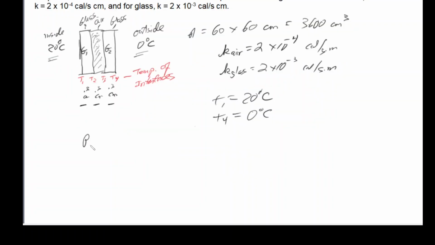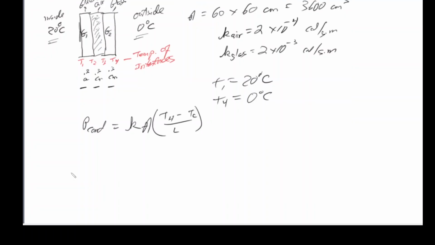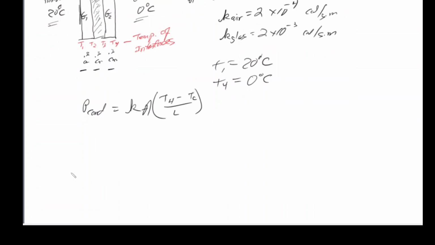Now we know that the conductivity is equal to K, the thermal conductivity, times the area times the hot temperature minus the cold temperature over the length. So let's look at each of these segments, and we'll call the first one the conductivity of glass 1 segment.